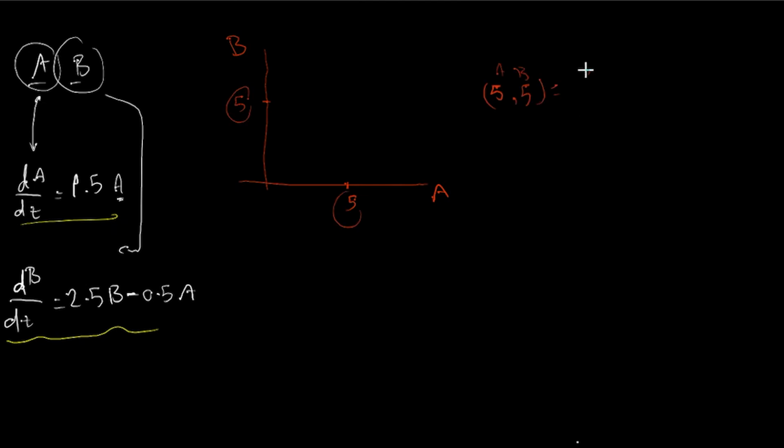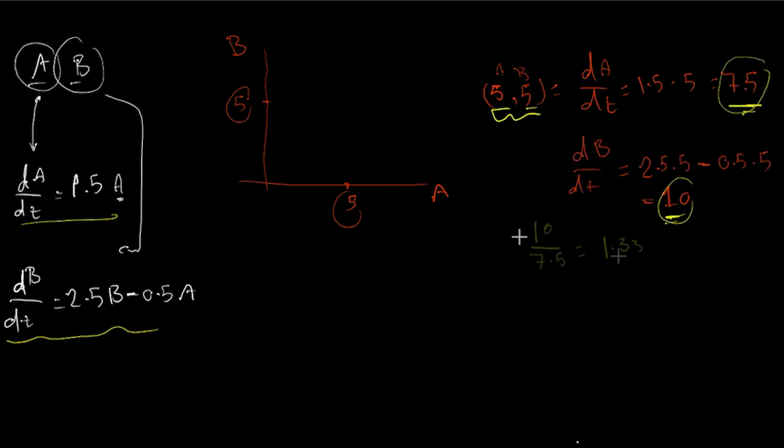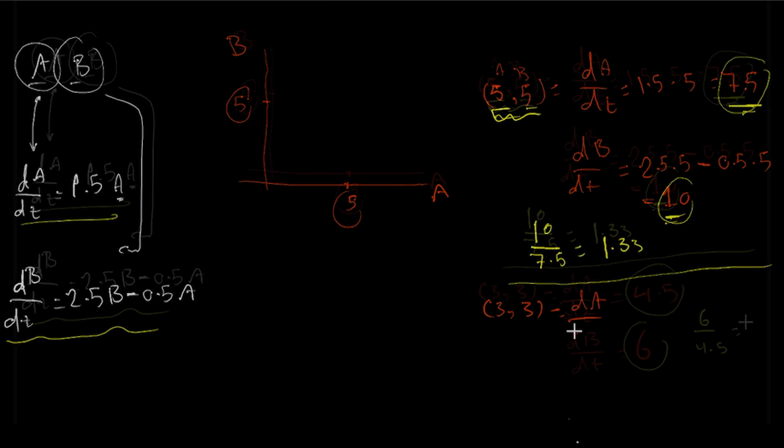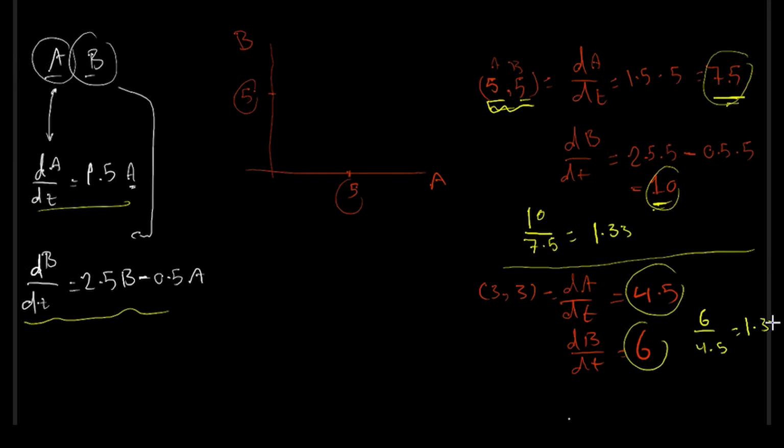Turns out that the velocity of A equals 7.5. The velocity of B, 10. Now, if you take the ratio, it's like, say, 10 over 3, something like that. This ratio is captured when I had a quantity of 5 and 5. Okay, let's change this quantity to, say, 3 and 3. If we do the exact same story, again, 1.337.